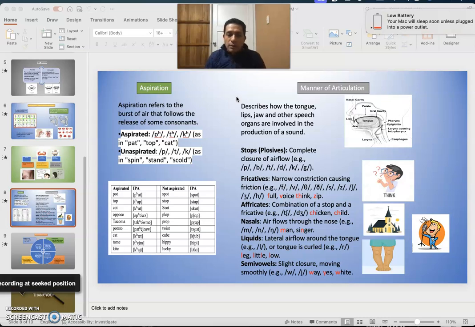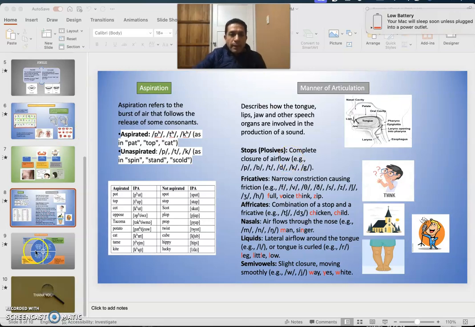The nasals: the airflow goes through the nose, for example man, singer. The liquids: lateral airflow around the tongue, or the tongue is curled, for example leg, little, low. And the last one, the semi-vowels: slight closure, moving smoothly, for example way, yes, white.